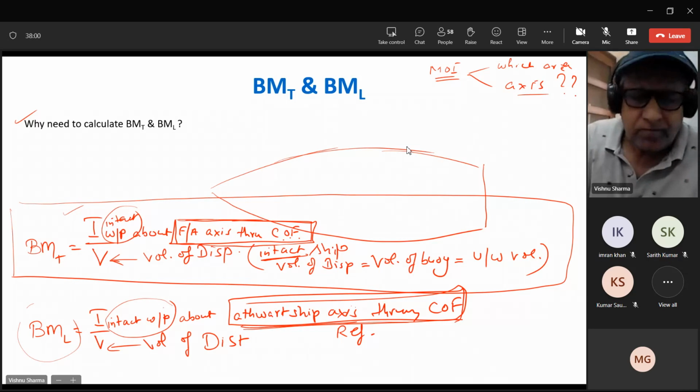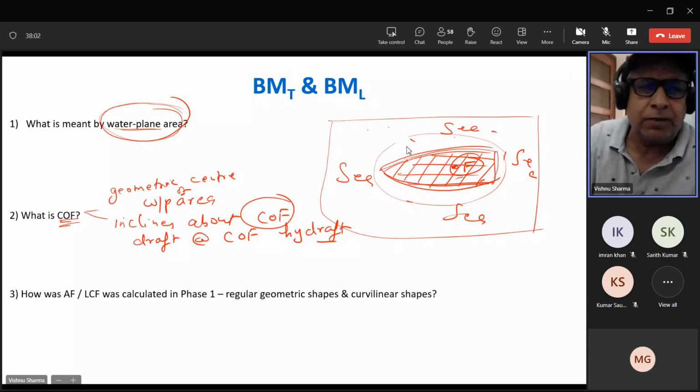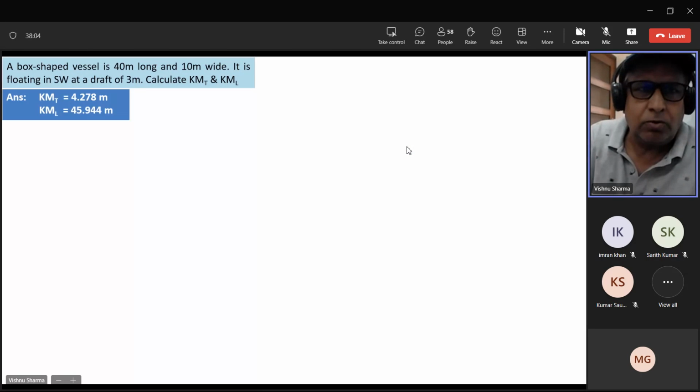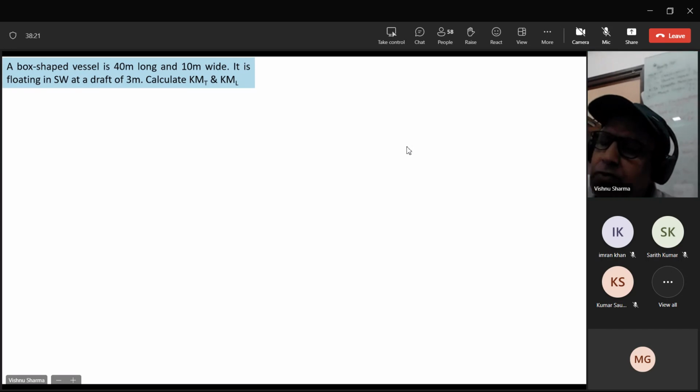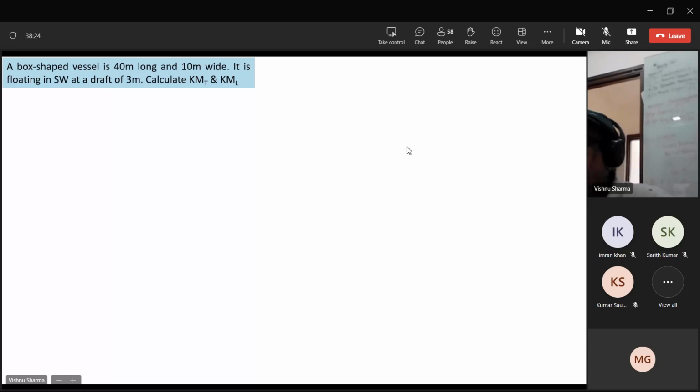We start with a very simple one, then go on to slightly difficult ones, with both regular geometric shapes as well as curvilinear, because we know how to calculate the moment of inertia in either case. These questions will reinforce the concept of moment of inertia, so don't worry.